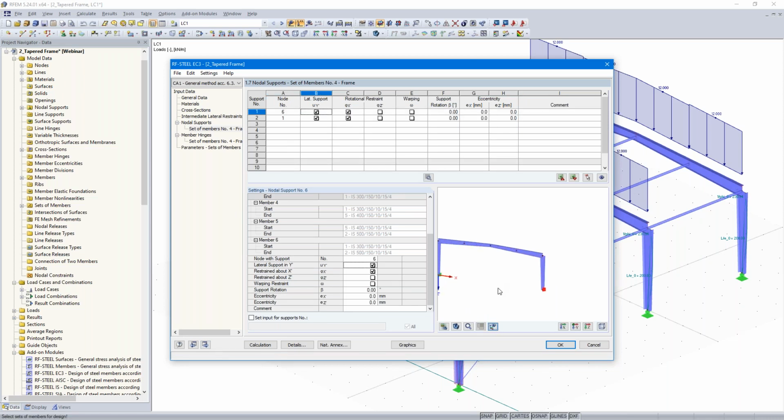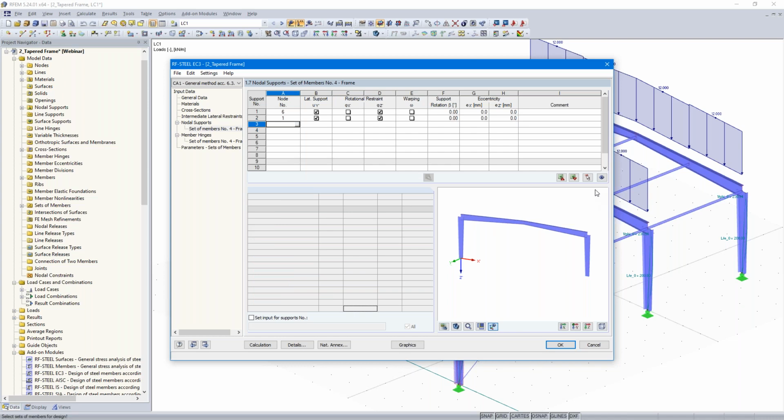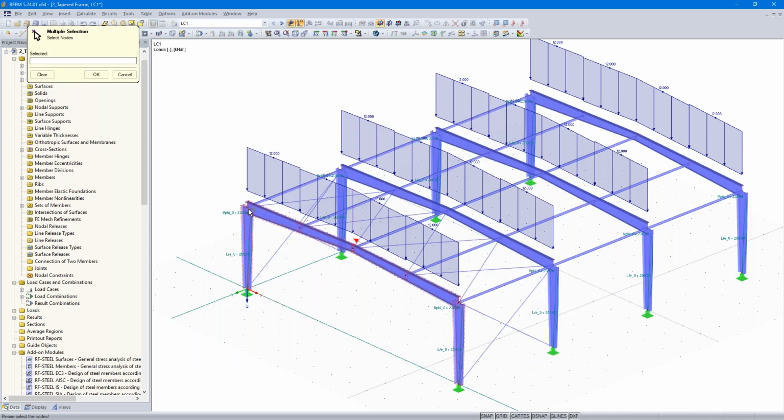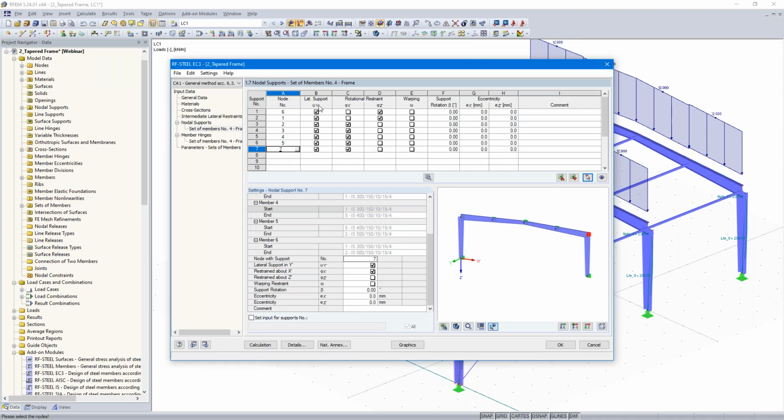Then we define the nodal supports again. Rotational restraint about axis Z. And then for the horizontal beam, the same workflow as before. Only lateral support in Y direction.